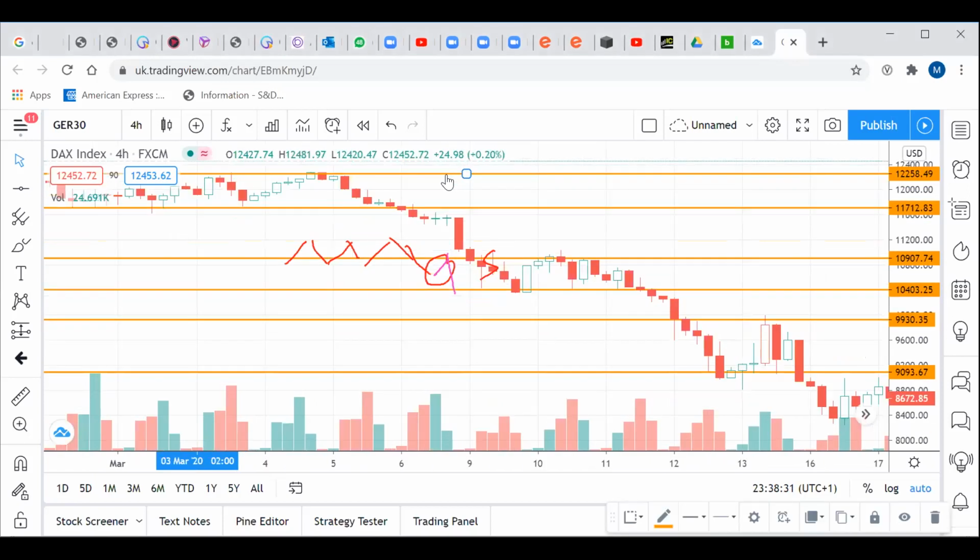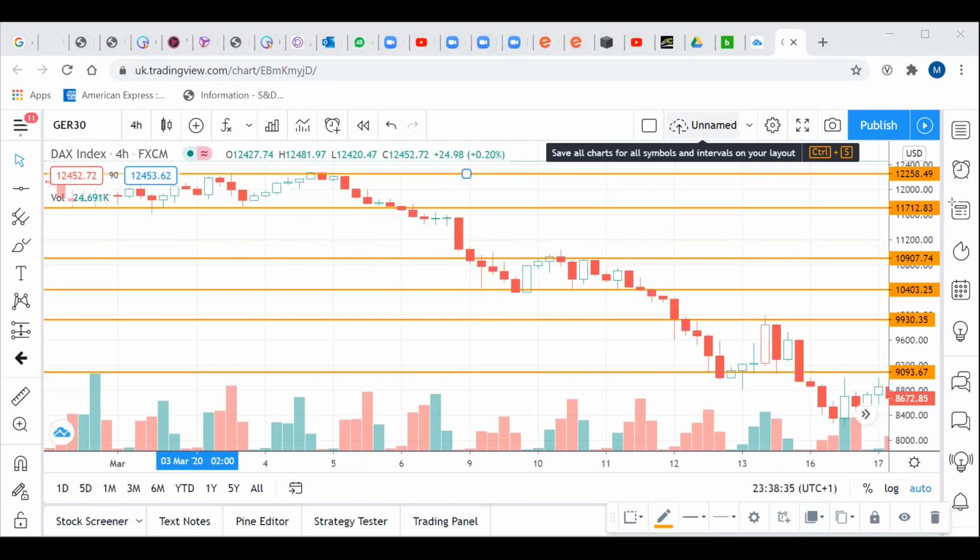Right, so here we can see that it broke the support. It tried to retest that area, and then it dropped again. By dropping, and you will see this happen a lot, we call it the retest.